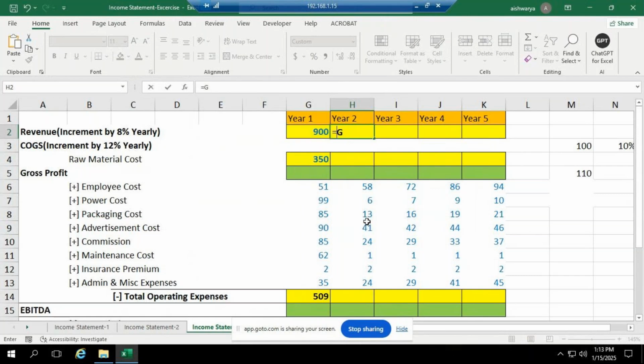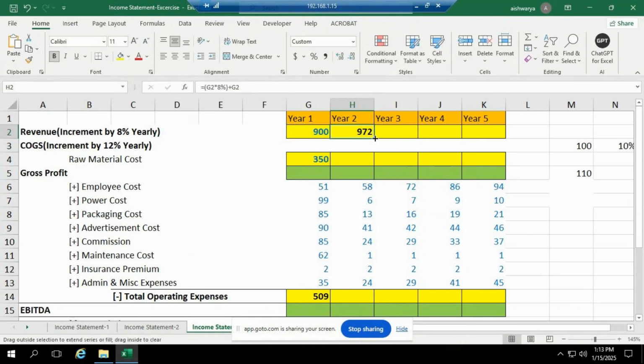First you select 900 only, and then into 8%. You put 8%, open and close the brackets, and then plus 900. So this is one method of doing this.